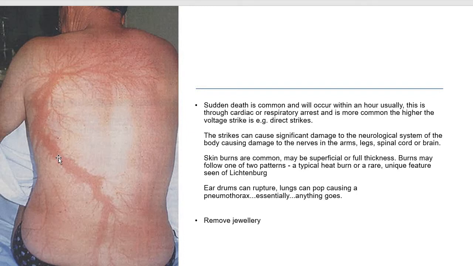Now, in terms of the way that this can cause death, very commonly, as with a lot of trauma, death may well occur immediately.